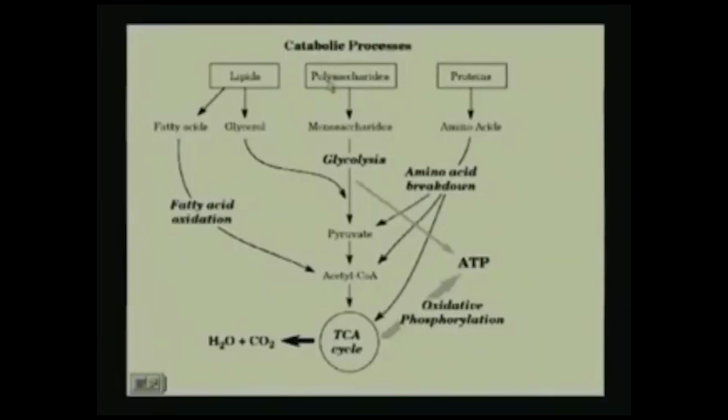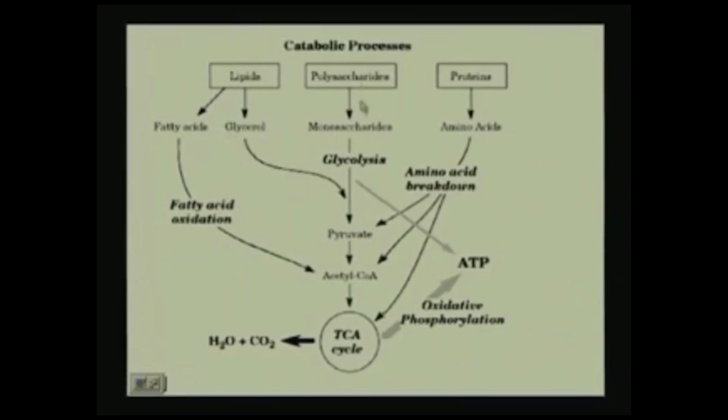Continue our glycolysis. We started off yesterday where we considered the different metabolic processes that actually go on in the body, and if we look at the first slide here, the overall catabolic processes look at the breakdown of lipids, polysaccharides and proteins. Now the breakdown of lipids gets into components of fatty acids and glycerol.